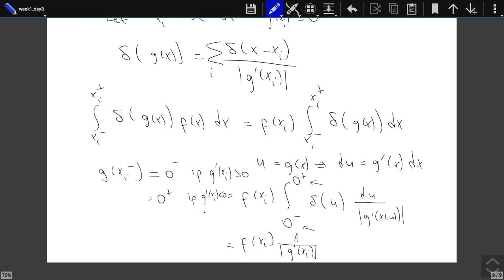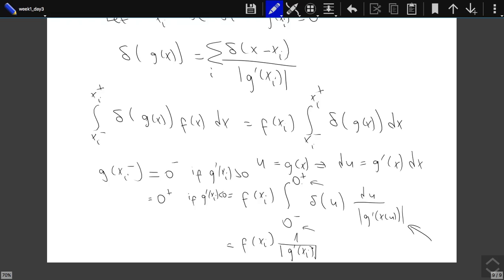So there is an additional minus sign. So if g prime is negative, I put a minus sign, so minus g prime is positive. If g prime is positive, I leave it as it is. So that is the definition of the absolute value. That is why I have an absolute value over here.